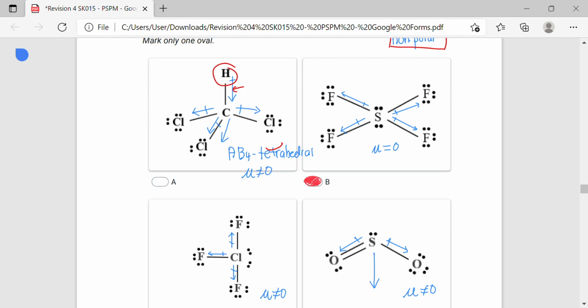Ini carbon dengan Cl. Jadi dia punya bond dipole ada value, so not equal to 0. So ini because of shape, walaupun dia ada lone pair tapi arrangementnya dalam bentuk square planar. Okay, so dia akan cancel sini dengan sini. So yang ini dengan sini akan cancel. So mu equal to 0.